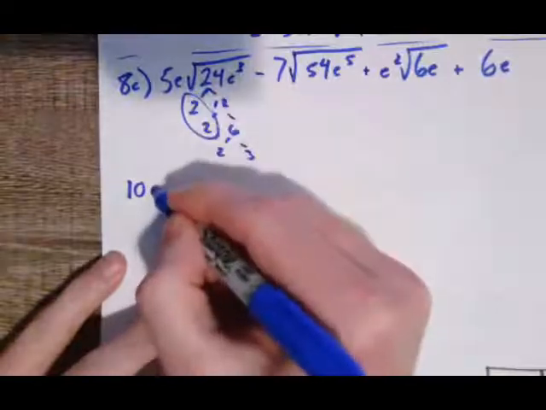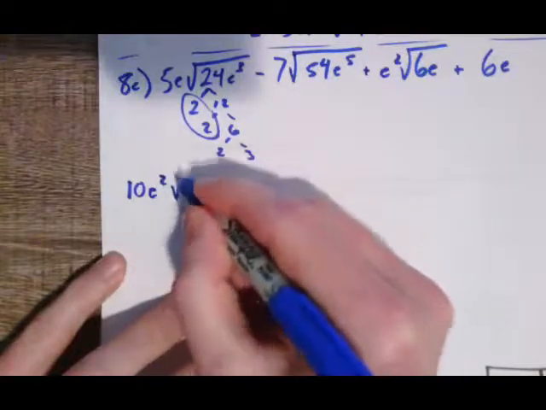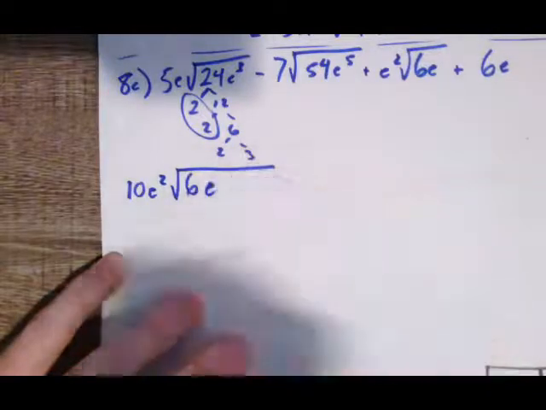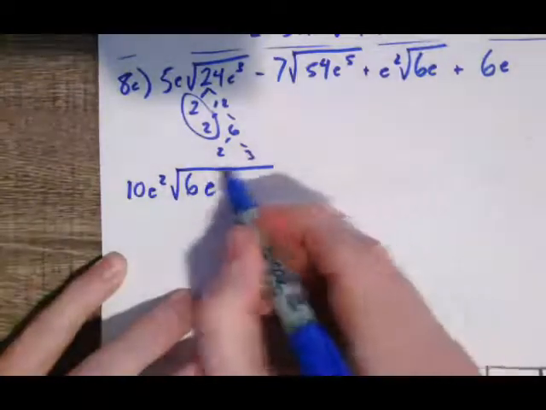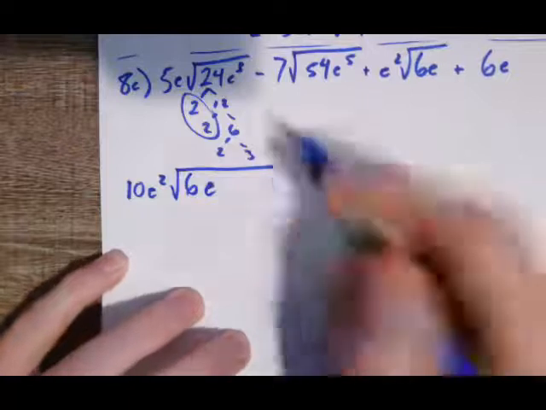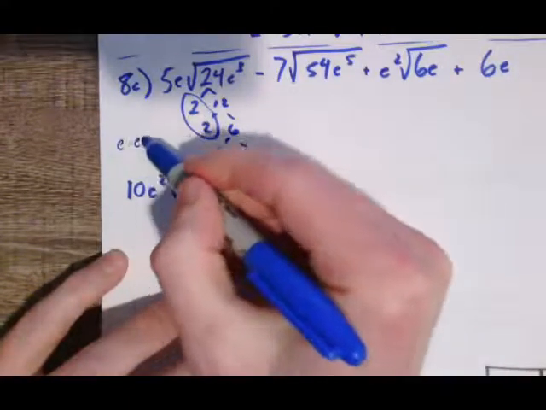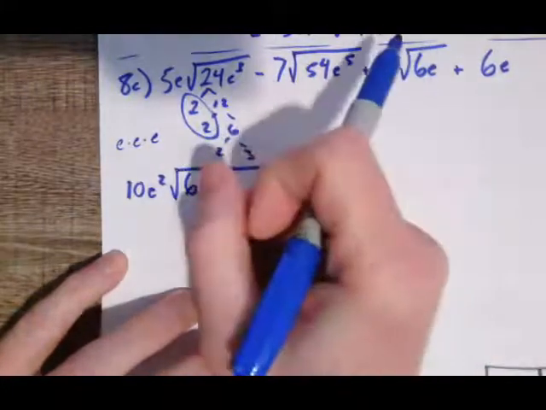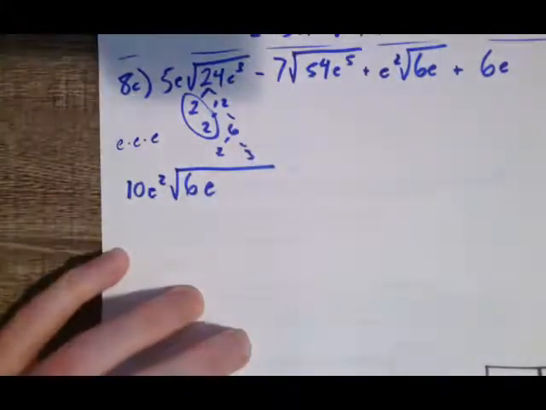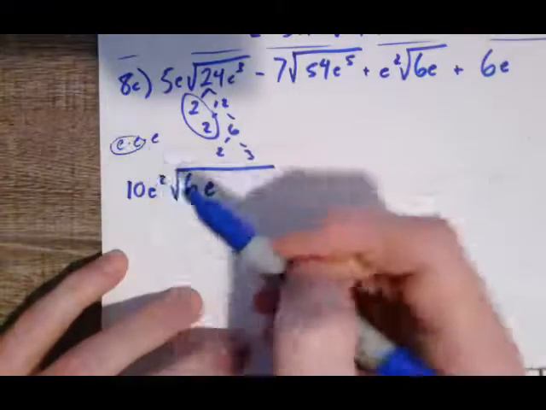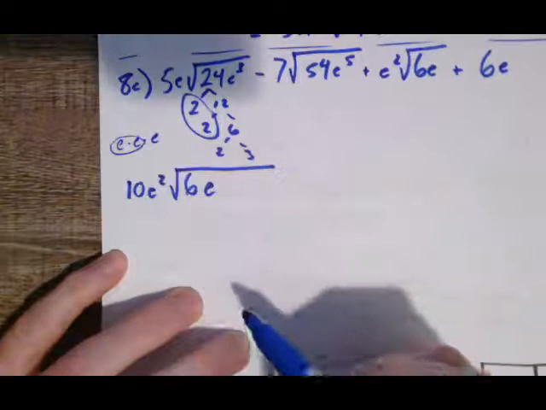E times e is e squared. What's staying inside is the 6 and an e. And I made this way too long. Does that make sense? E cubed, because that's just e times e times e. Take out the pair. E stays behind.